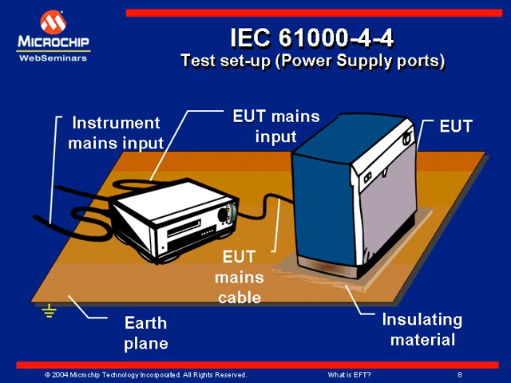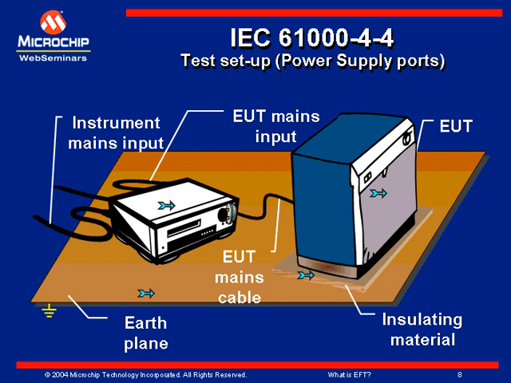In this case, we have an equipment under test that we are trying to verify. We want to see the behavior of this equipment in case of electrical transients. You need to have an earth plane, a conductive plane. You need to have an insulating material on which you put your equipment.